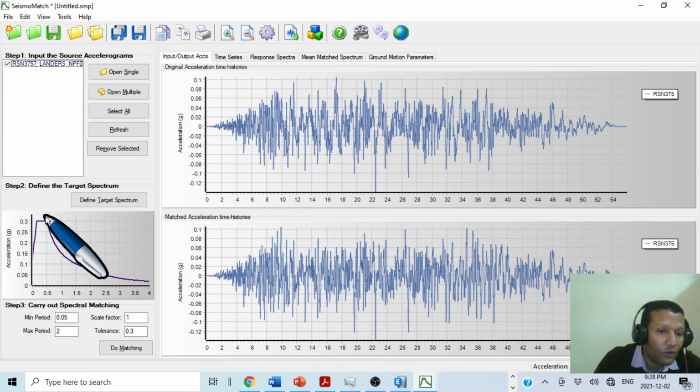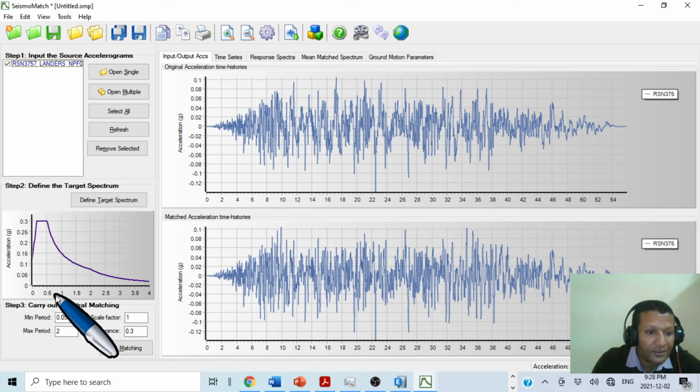So as per the code, from 0.2 T until 2.1 T, the matched data should not be below the target response spectrum. If the data goes below, then we will not use this data.